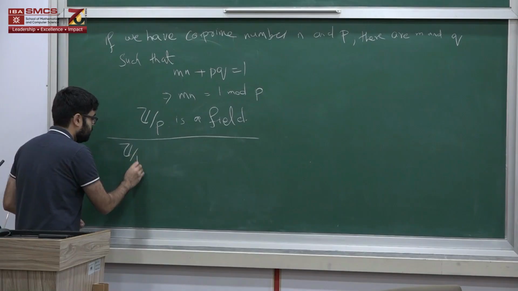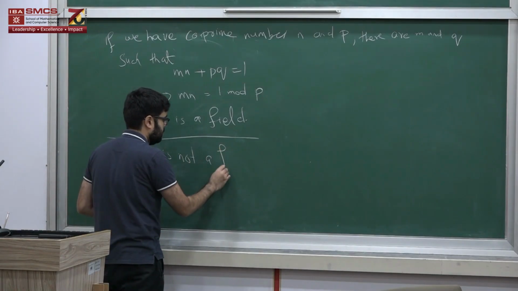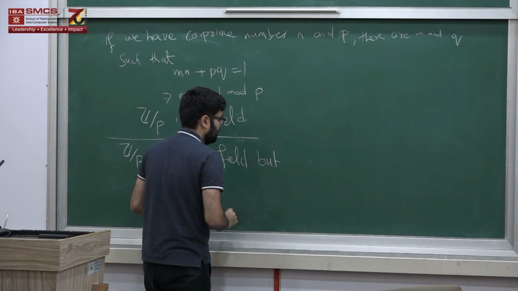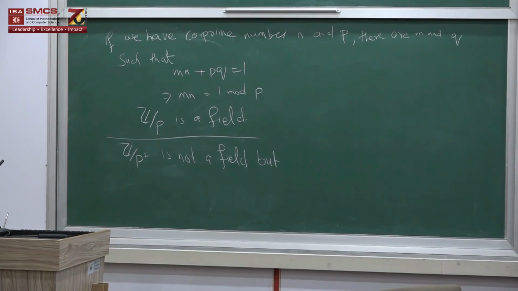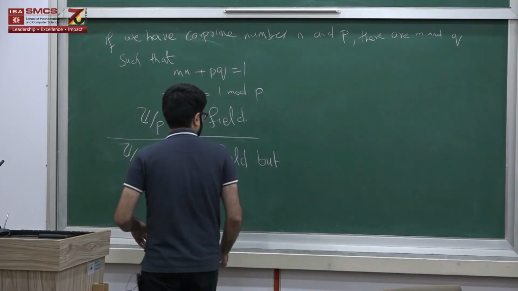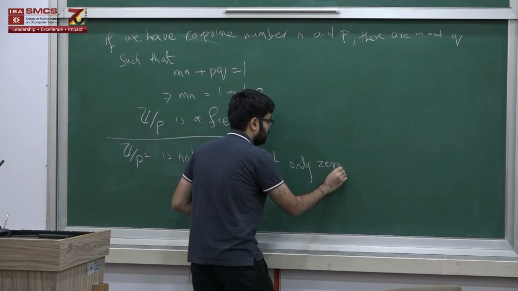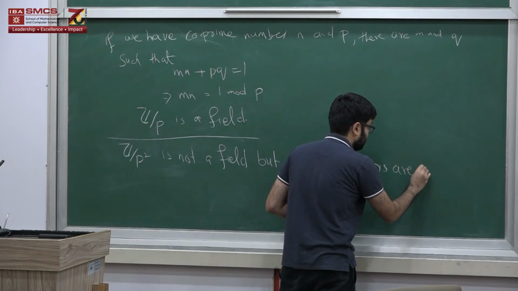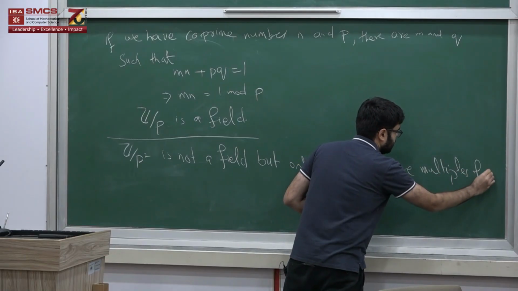So Z mod p squared is not a field, but the elements for which it happens that pq is equal to 0, although p and q themselves are not 0, are called 0 divisors, and the only 0 divisors are multiples of p.